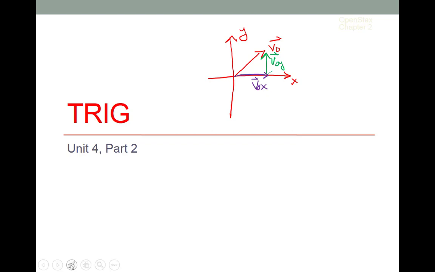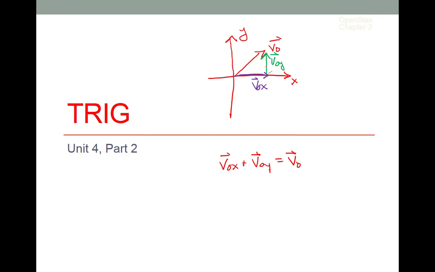And so now it is the case that v0x plus v0y equals v0.